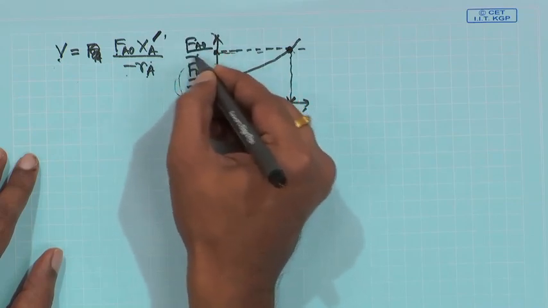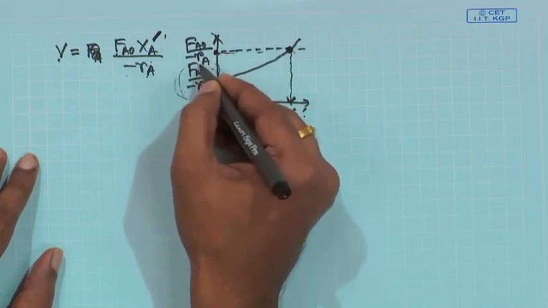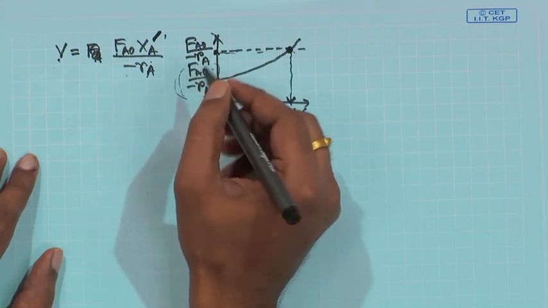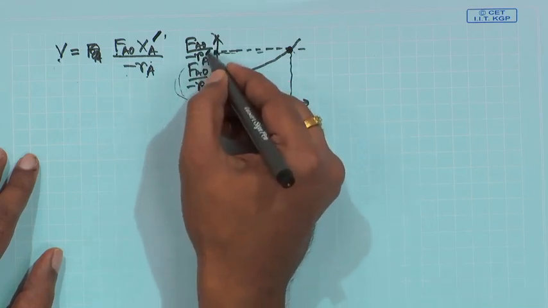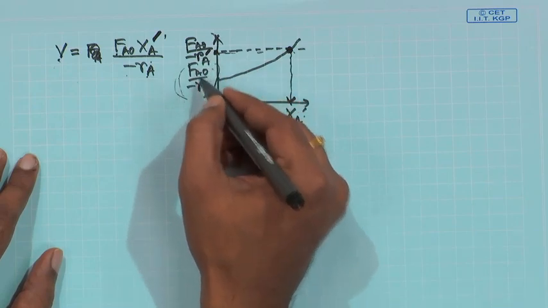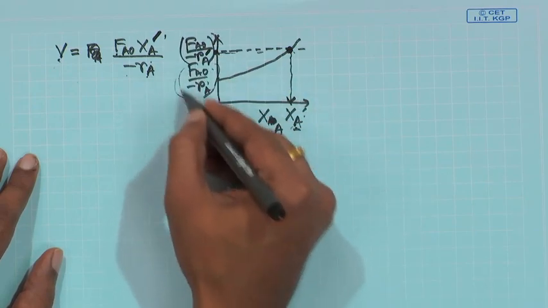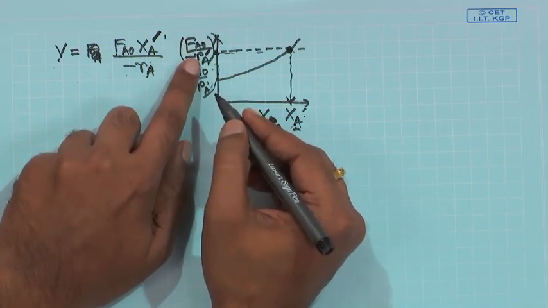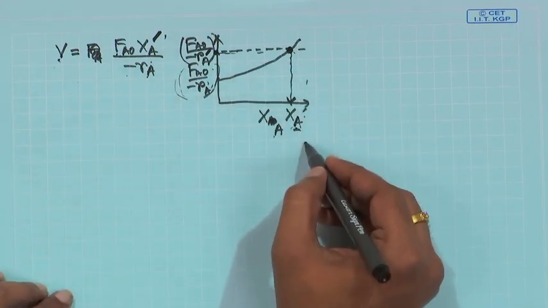F A 0 is constant and the rate of the reaction may vary with conversion. So, I am putting minus R A prime here. This F A 0 by minus R A will take a specific value of F A 0 by minus R A prime at a conversion of X A prime.